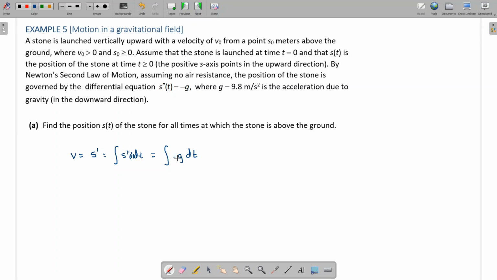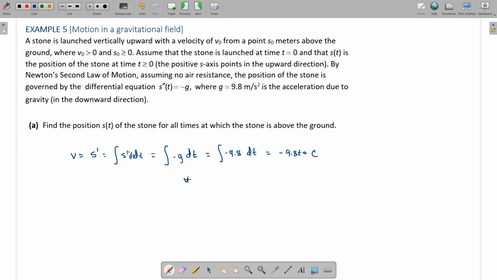This is not a variable here. This is just a constant. So that's really the integral of negative 9.8 dt, which would be negative 9.8t plus some constant. Right, the antiderivative of the constant would be negative 9.8t.